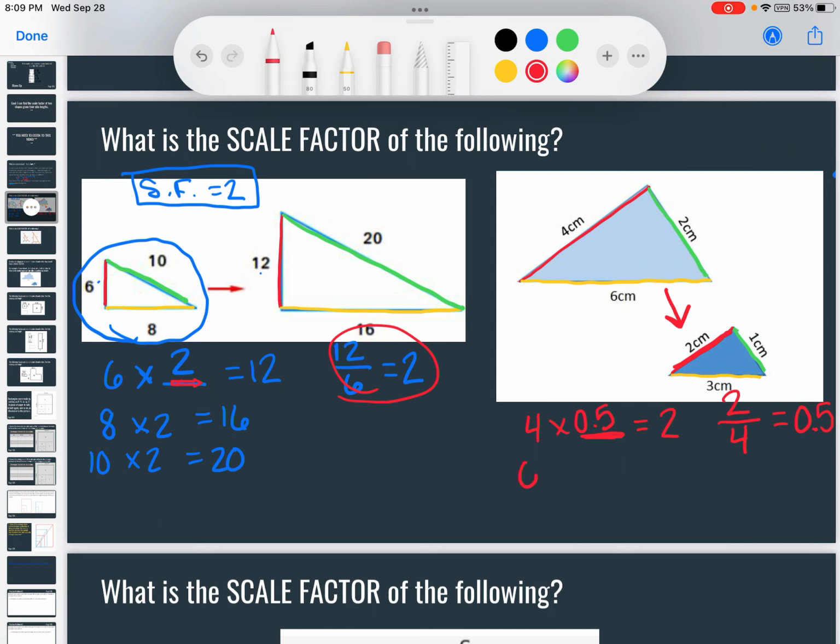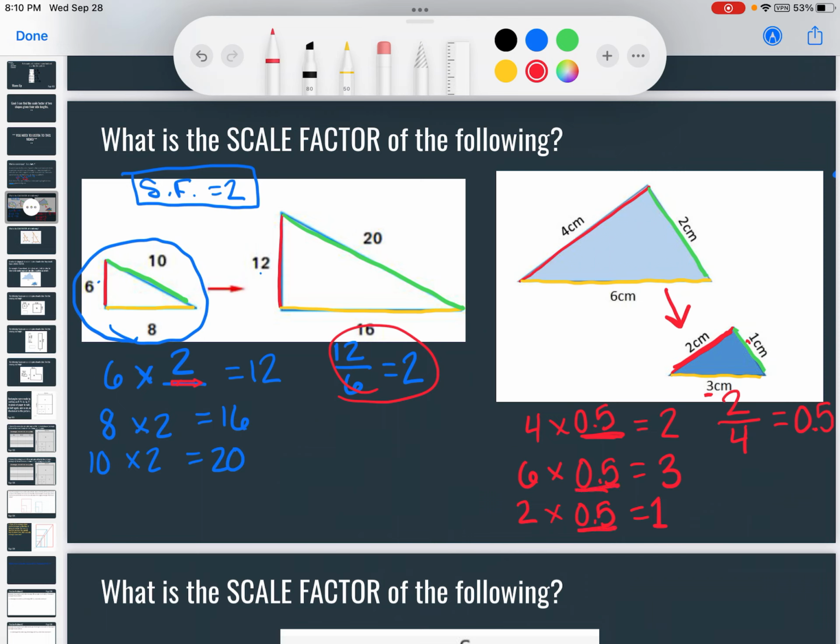So our next one is going to be 6 times 0.5. And go ahead and type this into your calculator. Does that equal 3? Did I get to where I ended? And it is true. And lastly, our green side, 2 times 0.5. Type that in and we should get 1, because 1 is what we ended with there.